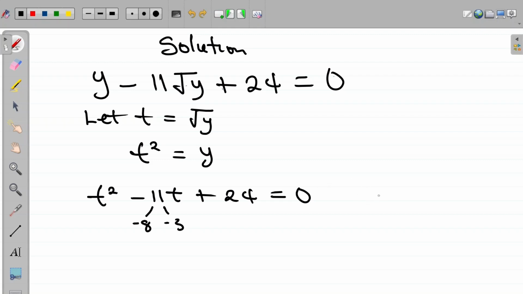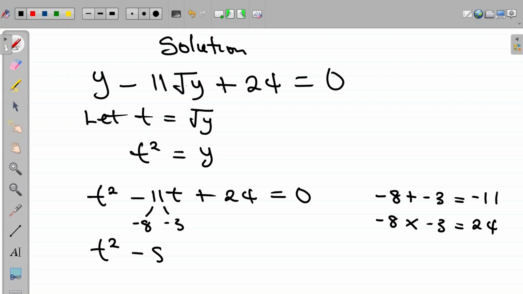This is because minus 8 plus minus 3 is equal to minus 11, and minus 8 times minus 3 is equal to 24. So our equation can now be written as t squared minus 8t minus 3t plus 24 equal to 0.